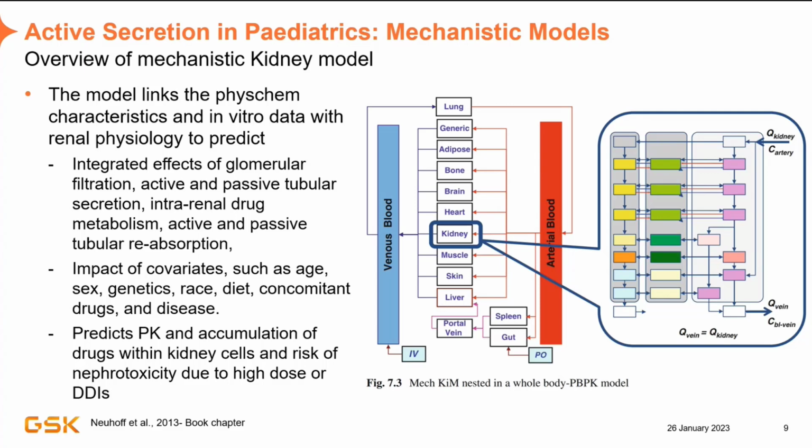Because you are looking at this mechanistically, you can predict the concentration in different segments. In this model, I will explain later, we have three compartments: for the cell, for the urine, and for the blood. You can look at the tissue concentration in detail, and then think about the toxicity of the drugs, which is quite important, especially in children. And the DDI liability can also be predicted with these models, which wasn't possible 15 years ago with empirical models.